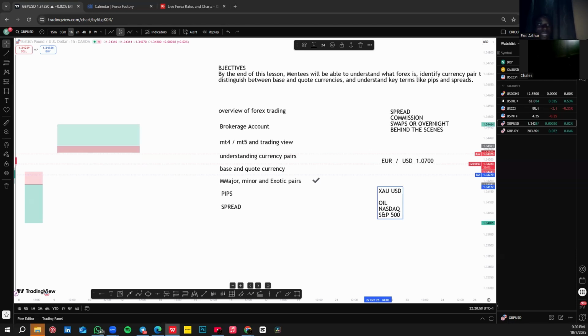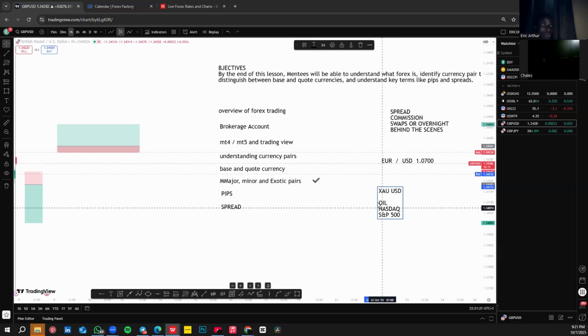Gold is a heavy asset that people mostly buy and keep, and it appreciates in value.